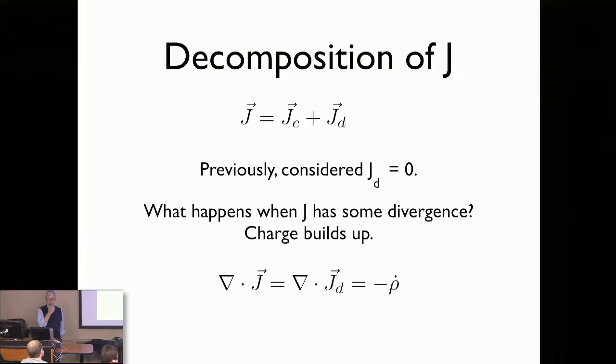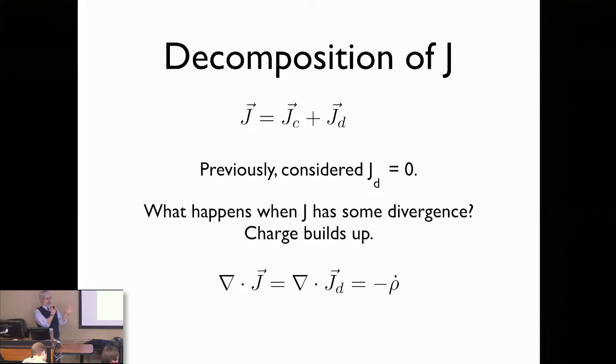Okay, so previously we considered that J_D was 0. And remember, we have this condition here. This is called the continuity equation, or the conservation equation, and it expresses conservation of charge. The divergence of the current is negative rho dot. That means at any place where the current is diverging or converging, you'll have charge building up.